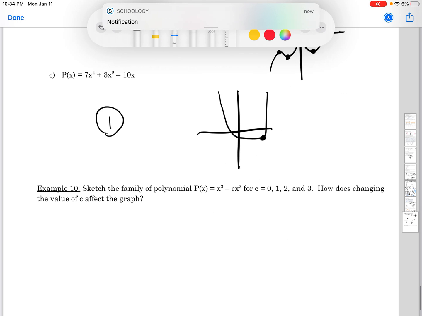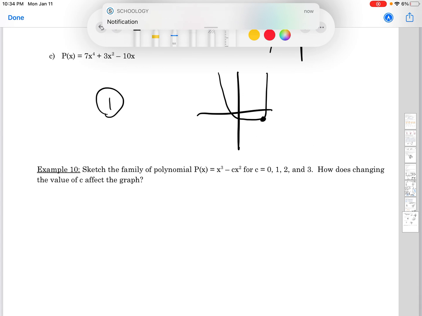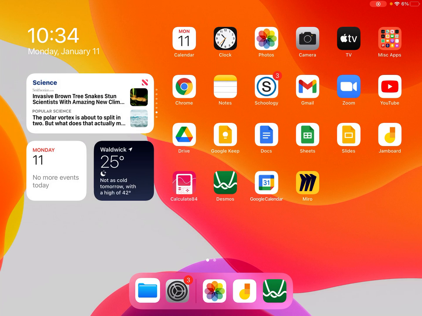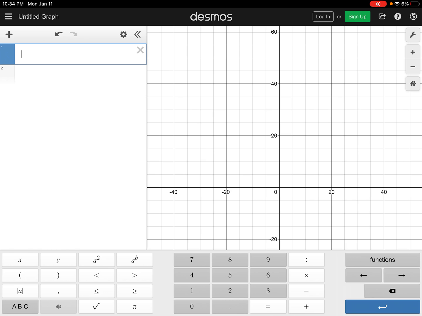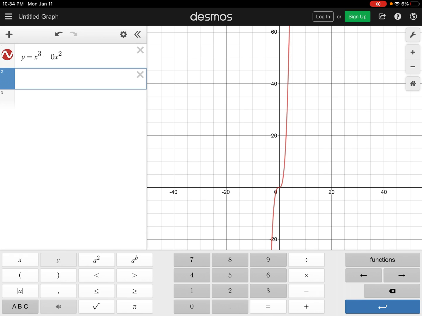Lastly, we want to compare what these graphs look like. So we have x to the third minus cx squared, and what we're doing is changing out c. So we want y is equal to x to the third minus, first we'll start with 0, x squared. Then we have y equals x to the third minus 1x squared.